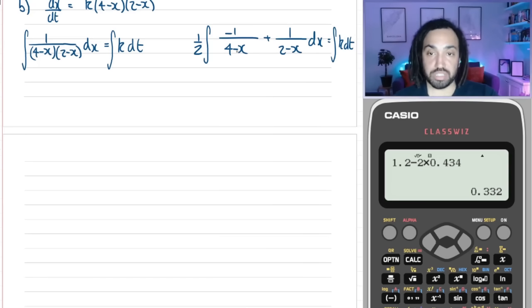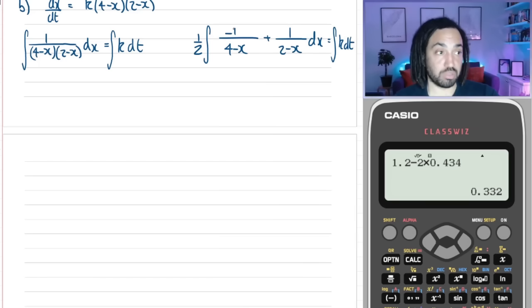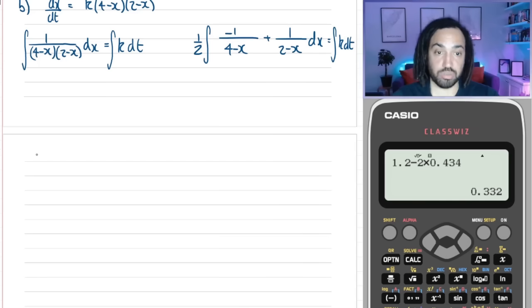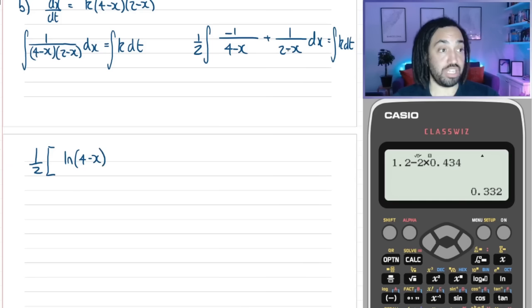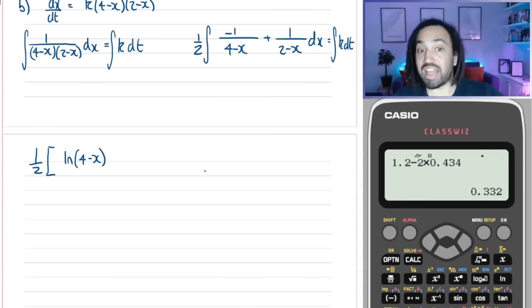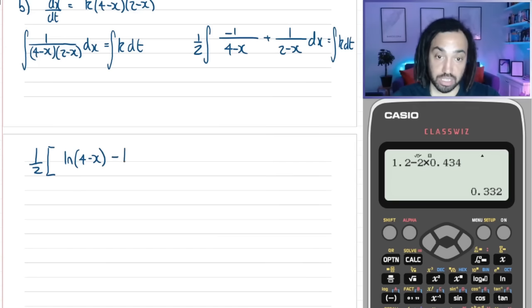Right, let's grab some more space down here, and then let's integrate each of these things. So what is this going to integrate to? Well, let's look at the denominator, and the derivative of the denominator is -1, which is perfect. This means this is going to directly integrate to ln of the denominator. So we'll still get that half, but we'll have ln of the denominator, which is just ln of 4 minus x. Now this one, the denominator is again -1, but on top we've just got 1. So it's going to be the negative of this direct ln integral.